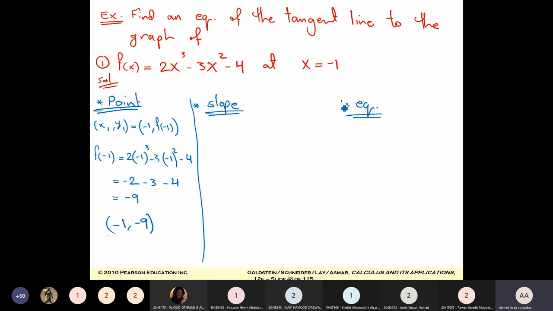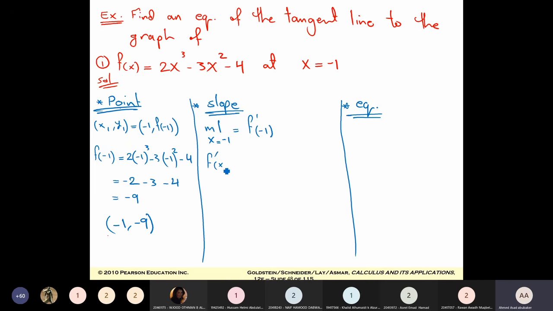The slope: if we need to find the slope at x equals -1, this equals f prime at -1, f prime of -1. Now we need to find f prime of x.